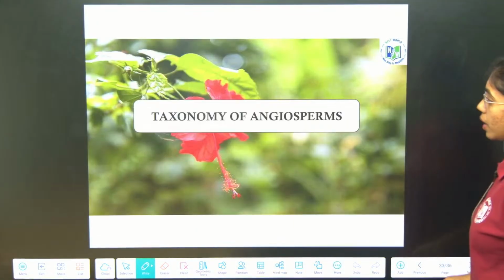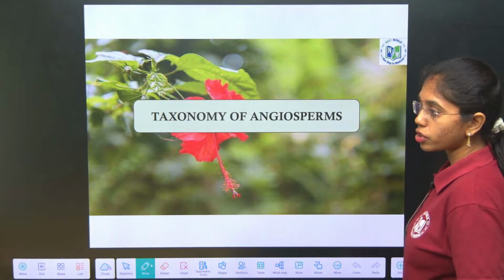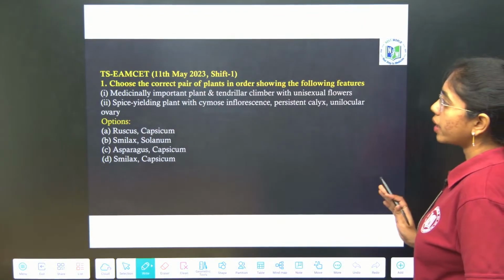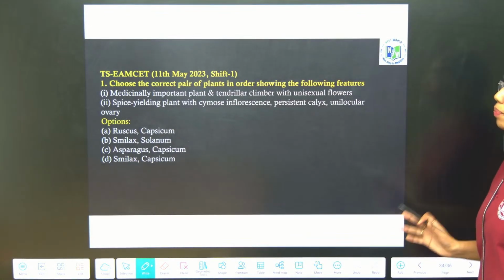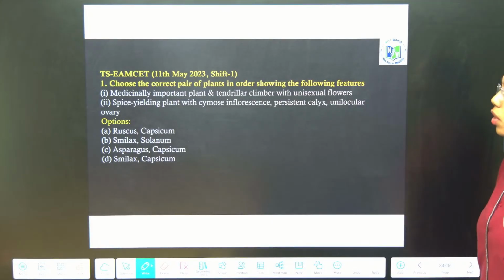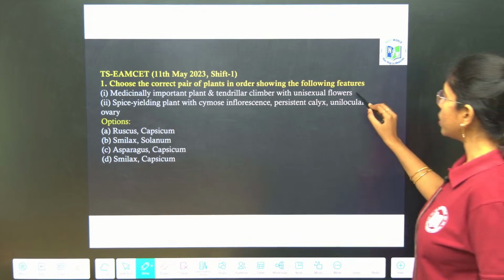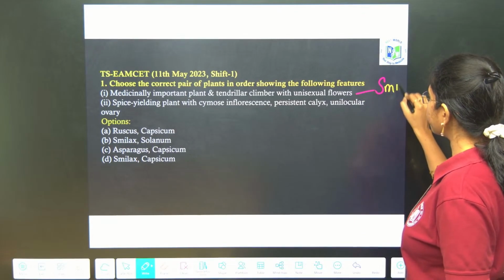Now we will solve a few questions from Taxonomy of Angiosperms. Look at this. Choose the correct pair of plants in order showing the following features. Medicinally important plant and tendrillary climber with unisexual flowers. Yes, this type is seen in Smilax.